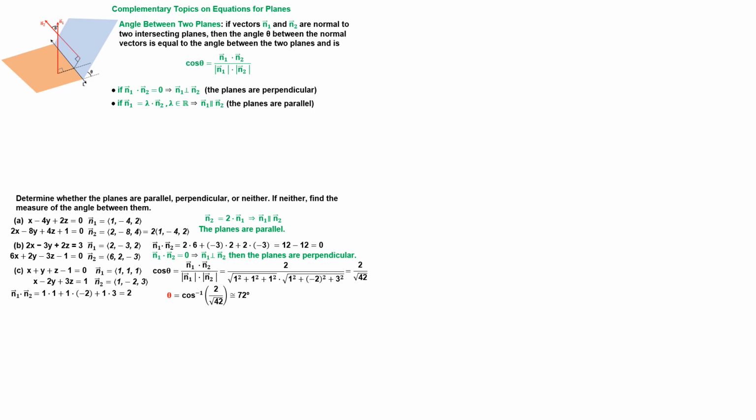Let's see now how to find the line of intersection of two planes. Now suppose we were looking at two planes with normal vectors n1 and n2. If these planes are not parallel, then they intersect. But instead of intersecting at a single point, the set of points where they intersect forms a line.